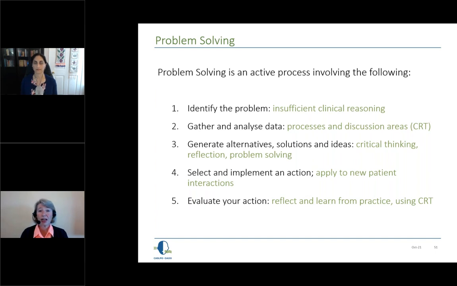You're going to look at generating alternative solutions and ideas using critical thinking, reflection, and problem solving. You're going to select and implement an action. So you are going to apply this to new patient interactions for the mentee during the mentorship and evaluate it. So that again is coming back to reflecting and learning from practice and using the clinical reasoning tool as a framework.